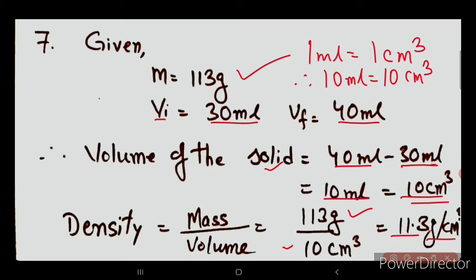So I think you can guess what will be the relative density. I have not written it here. So the relative density will be equal to 11.3, without any unit. So I hope you are understanding, and you have understood number 7 as well. So let us go to the next question.